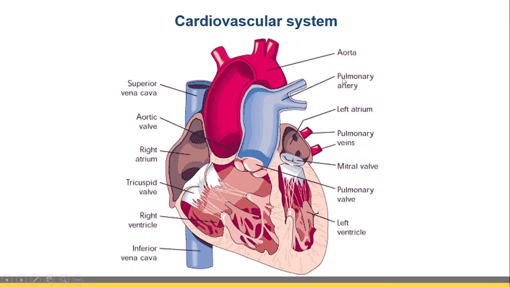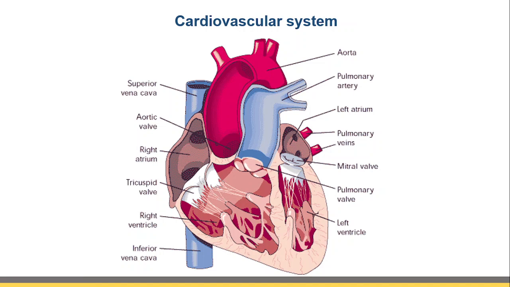In the lungs, the blood is oxygenated to about 95 to 98% saturation, and then it goes to the left atrium, the left side of the heart.